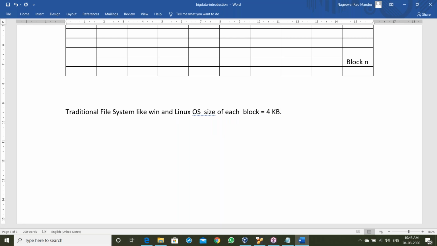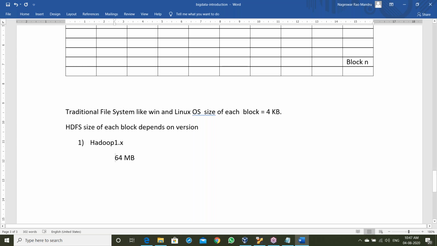Same thing if it is HDFS. In HDFS, the size of each block depends on the Hadoop version. In the first version, Hadoop 1.x, the size of each block is 64 MB.